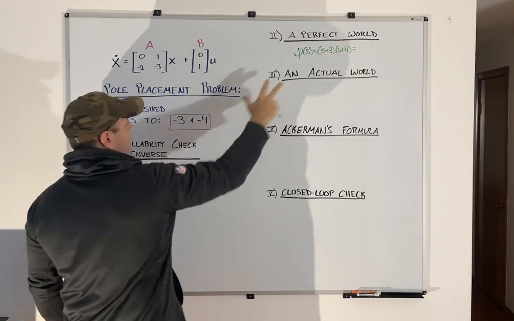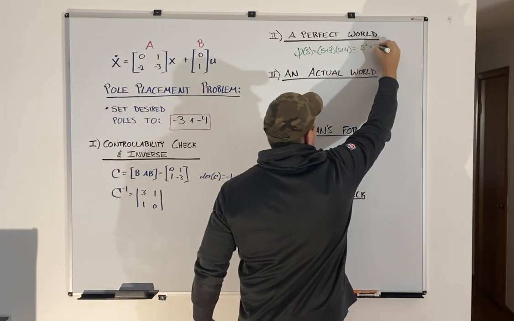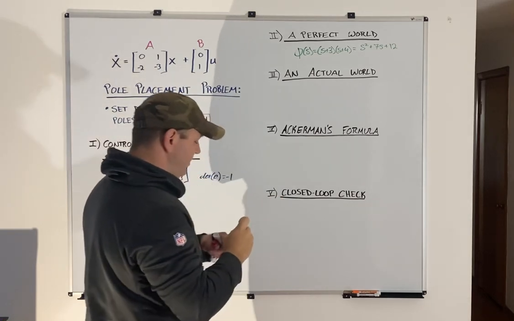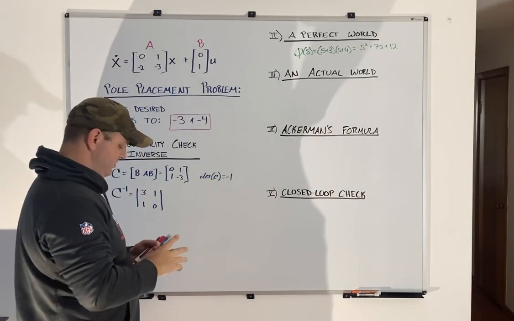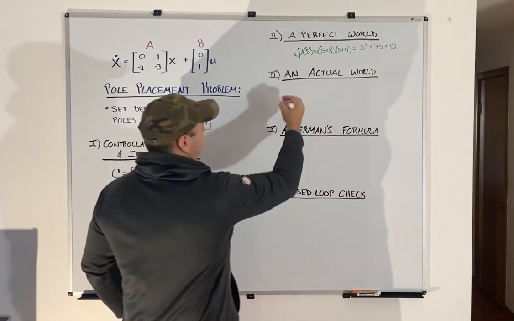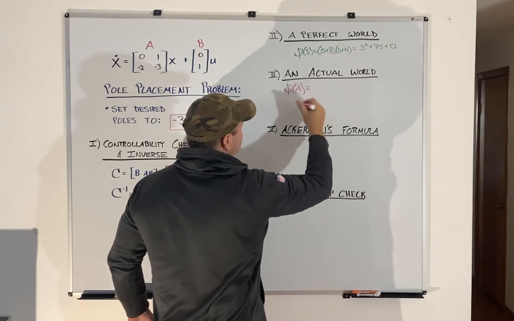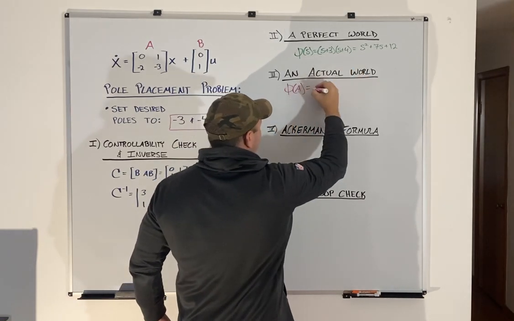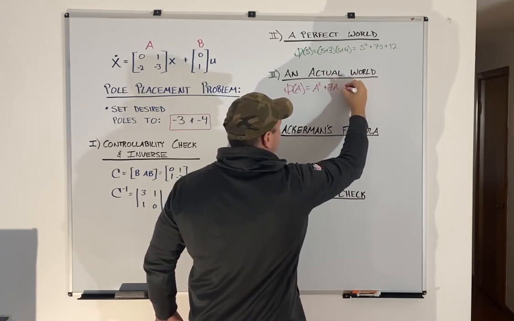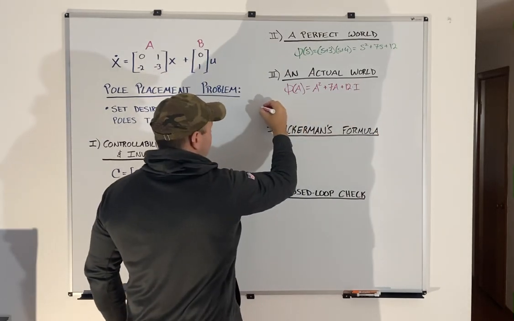We put those poles in, got our zeros, and we can expand this out: s squared plus 7s plus 12. That's the perfect world. In the real world, we're dealing with a function of A, but we can expand it to the same form: A squared plus 7A plus 12I. Let's grab A squared.